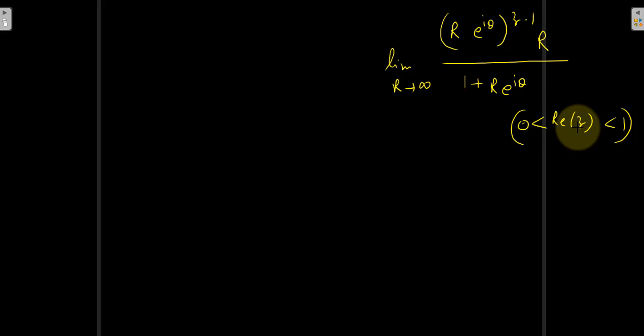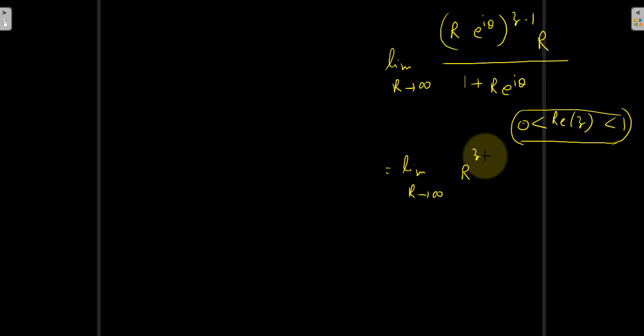Real part of z lies between 0 and 1. From this you will also get to know the importance of this inequality here. Just separate out e^{iθ}, since I am only interested in the terms involving r. So I am having r^(z-1), and then again multiplied with r.